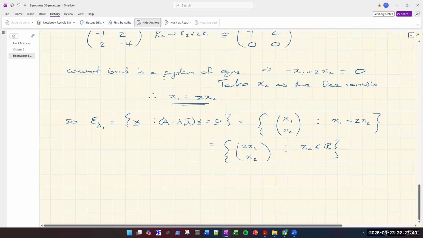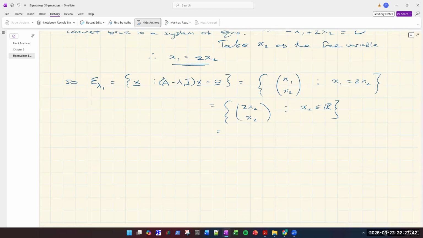Okay, and now I could pull out x2. So this is just x2 by 2, 1, where x2 is any real number. And what is this? This is just all multiples of 2, 1. This is just the span of the vector 2, 1.